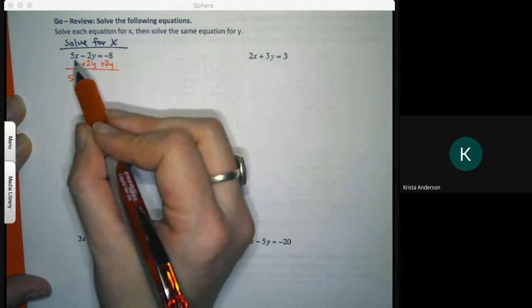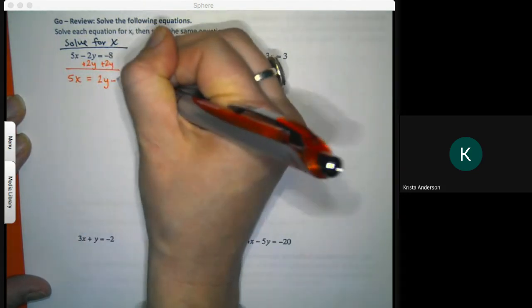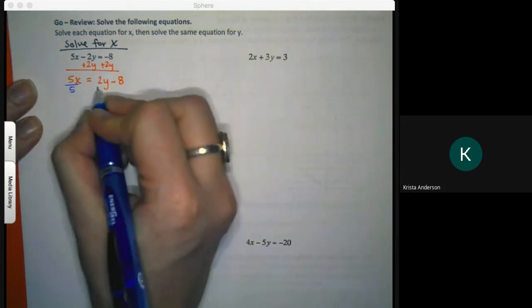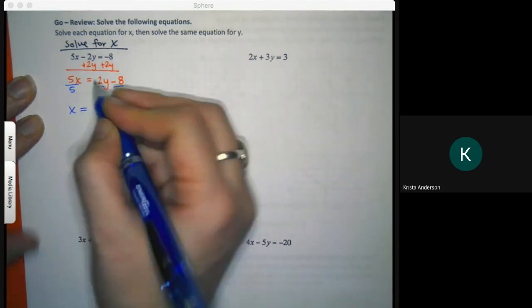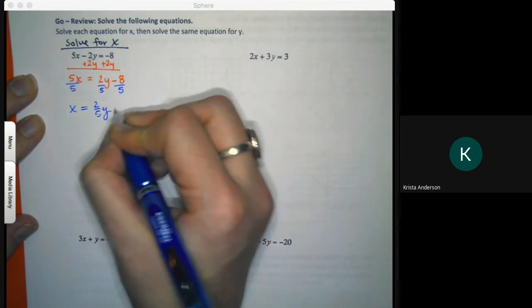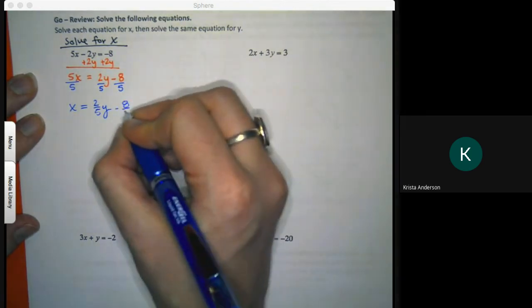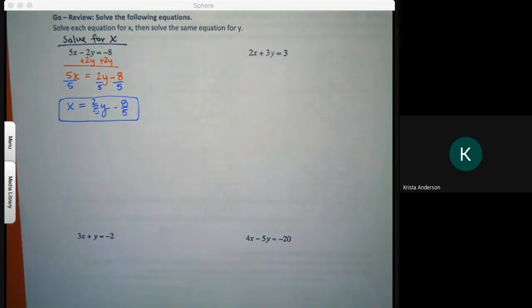We could just say 5x equals a positive 2y with a minus 8 attached to it. Then, my last step to get x by itself, we divide by 5. Does 2 divide by 5? Nope. Does 8 divide by 5? Nope. That's all for x.